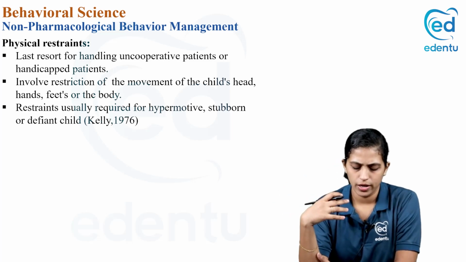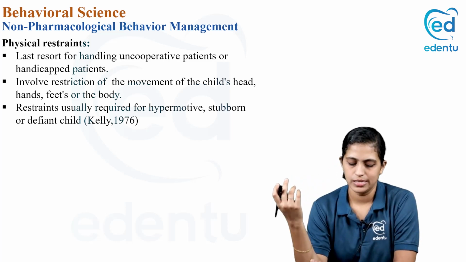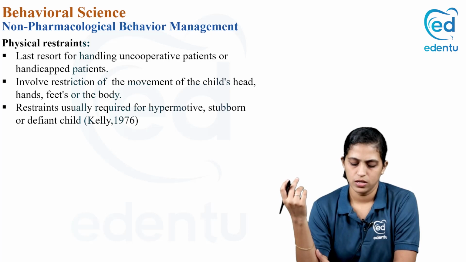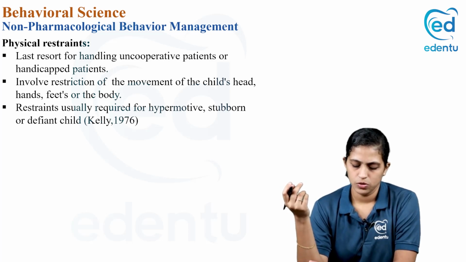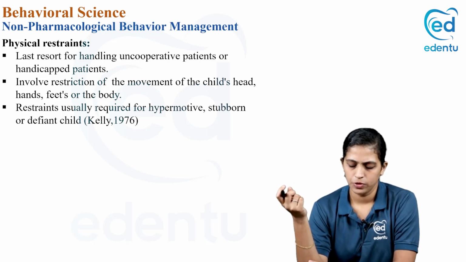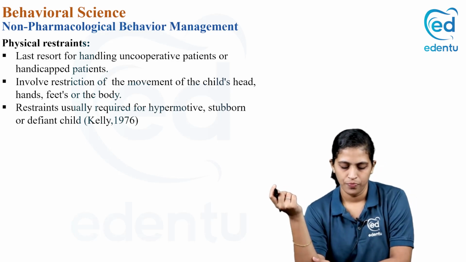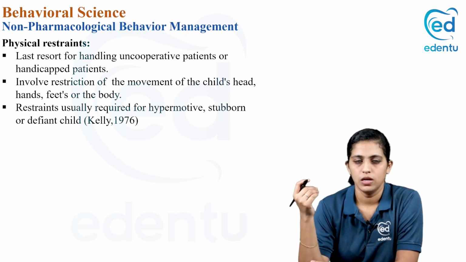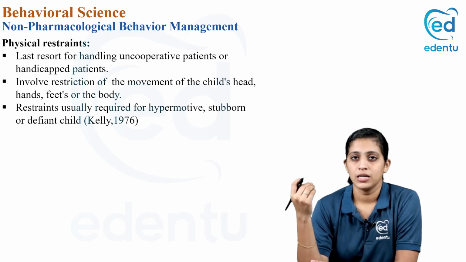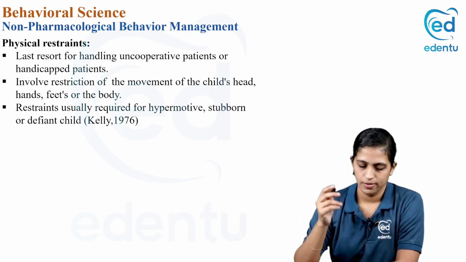This involves restriction of the movement of the child's head, hands, feet, or body. Restraints are usually required for a hypermotive, stubborn, or defiant child. This could also be due to a physical condition or disease in the child.